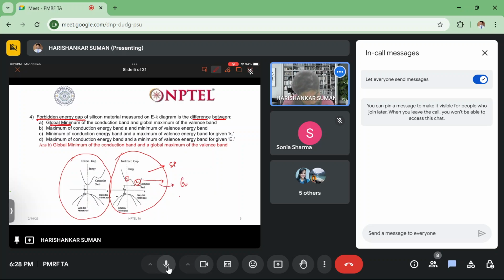This is the global minimum for this curve, and the global maximum of the valence band. This is the maximum.